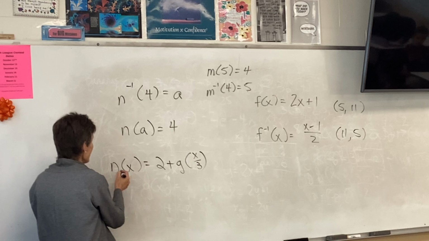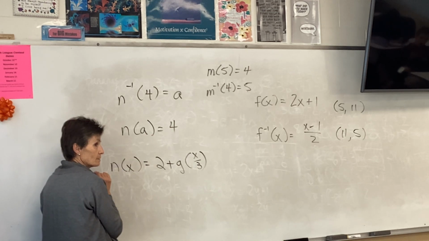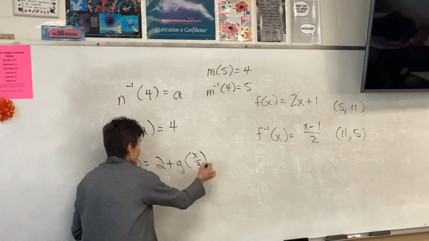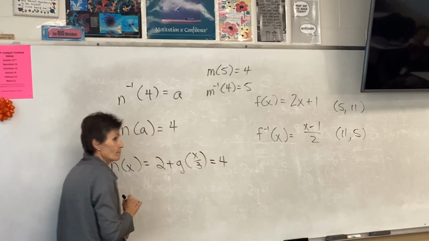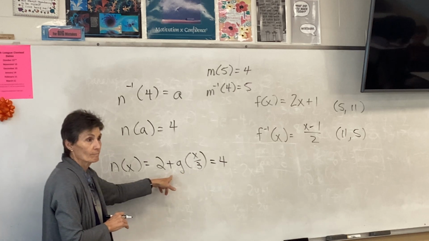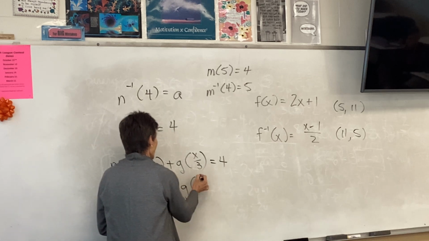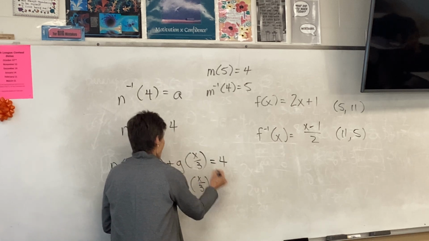I want n of something to be 4. So don't I want this to equal 4? Which means g of x over 3 has to be 2.